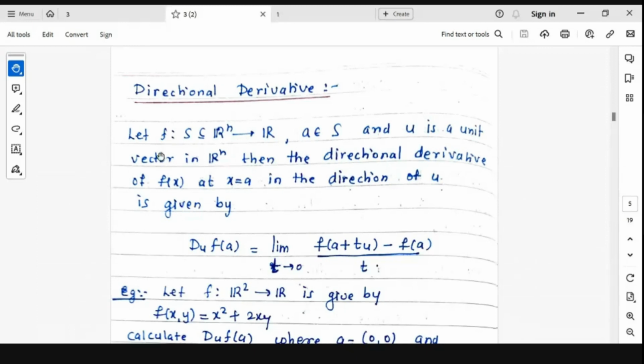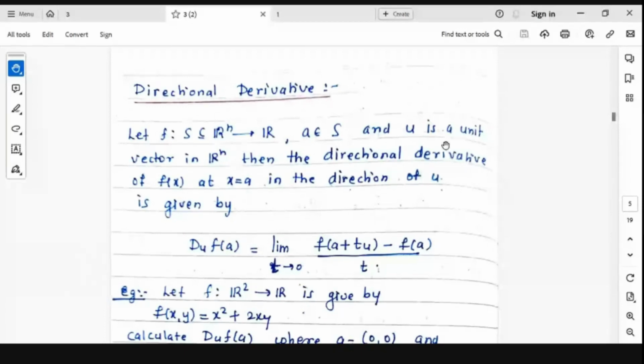So I have a function. Again, I'm talking about a directional derivative for a scalar valued function. These concepts can be extended to a vector valued function, and we'll see that afterward towards the end of this session. So let f be a function from S, which is a non-empty subset of Rm, to R. So I'm having a scalar valued function over here. a is a point in S. Let u be a unit vector in Rm, that is from the domain.